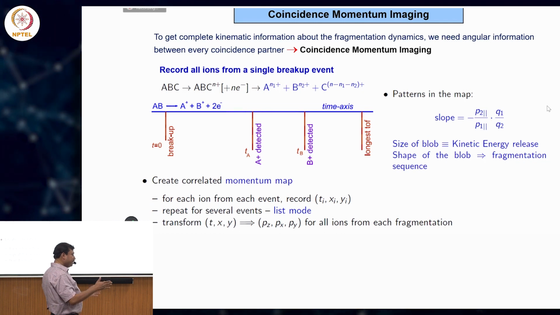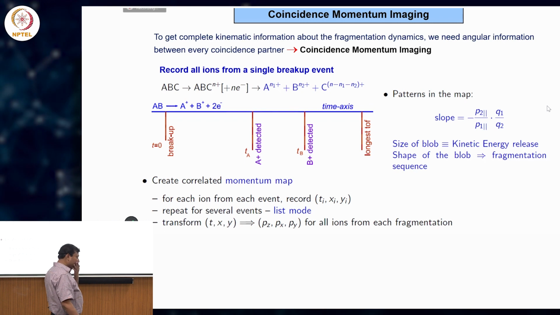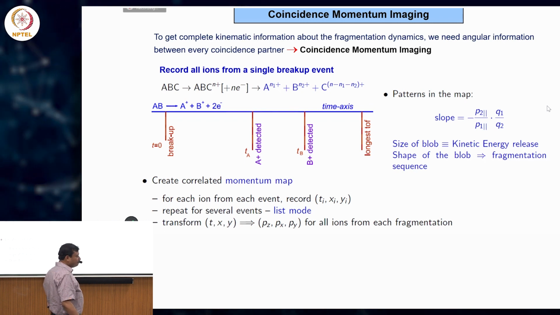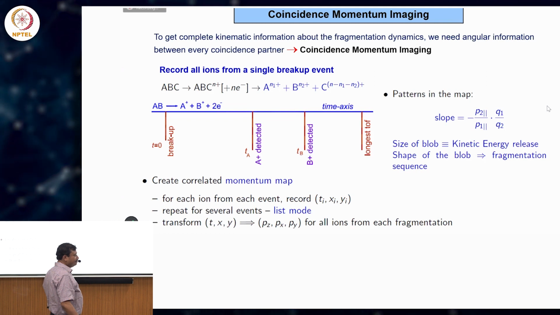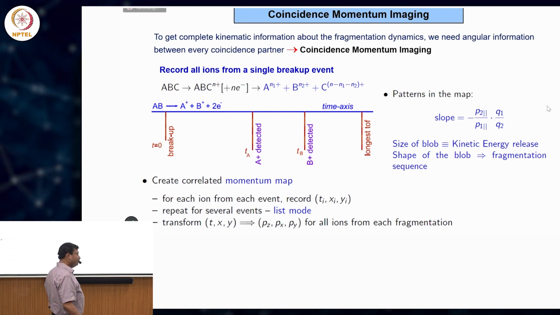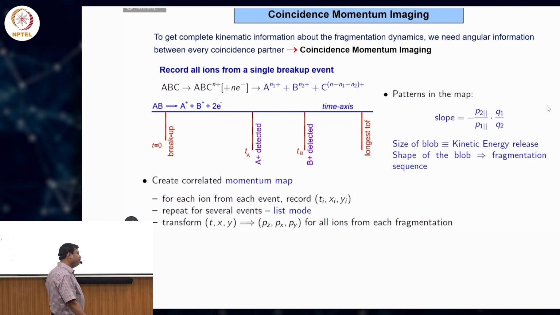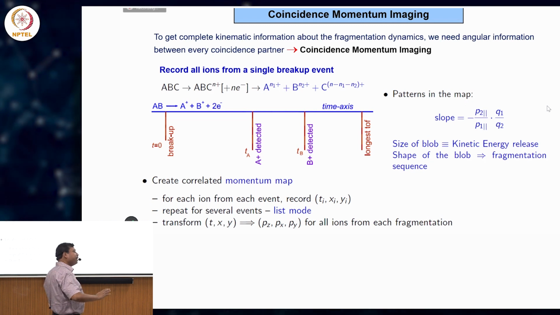Yeah, the T and the spread of T. Longer the T means the flight path is more.